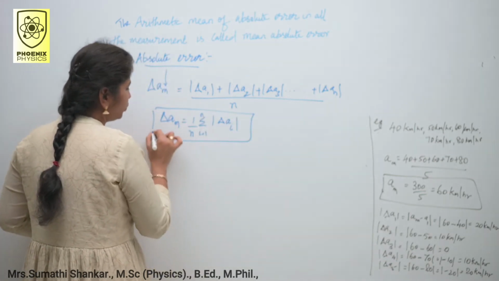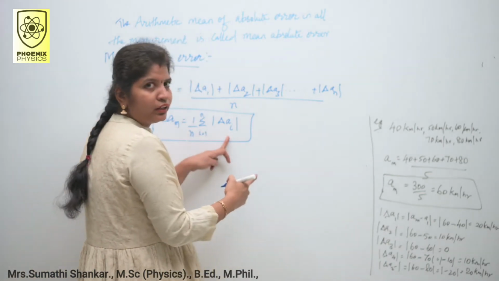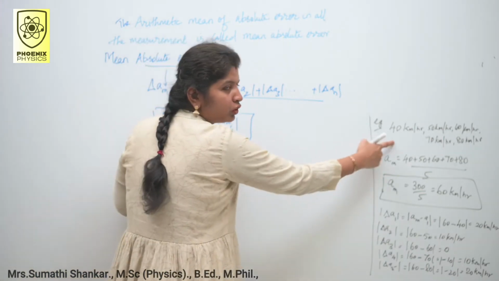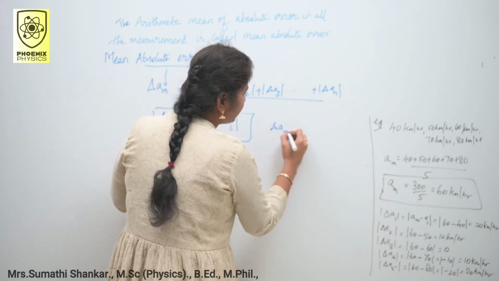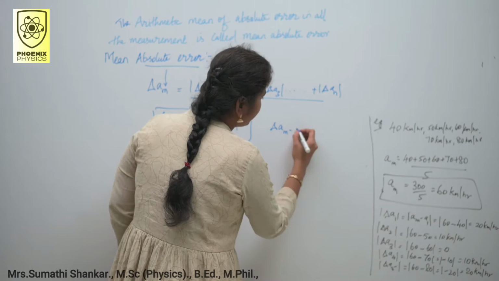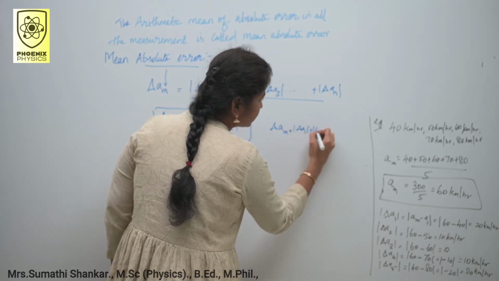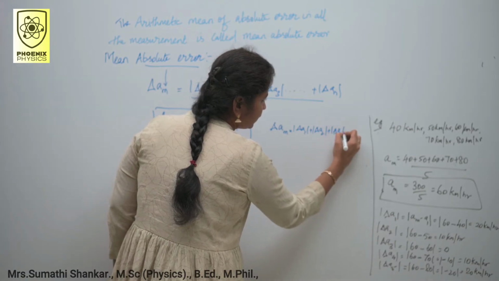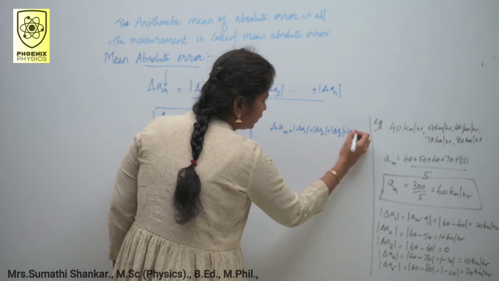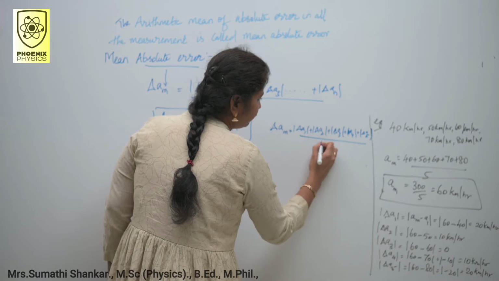Okay, so using this formula, now we are going to calculate mean absolute error for this example. So what is our delta AM here? First one, delta A1 plus delta A2 plus delta A3 plus delta A4 plus delta A5 divided by 5 readings.